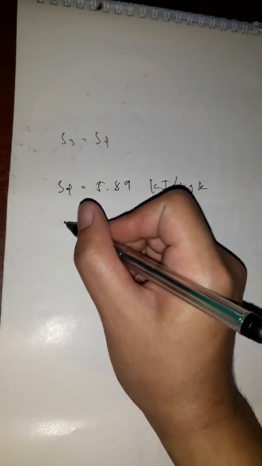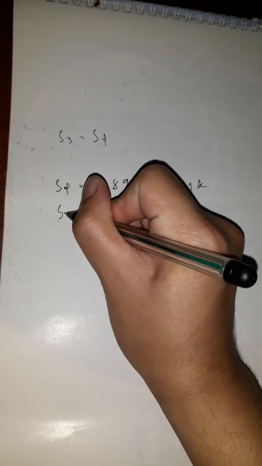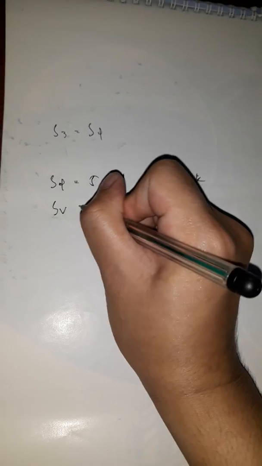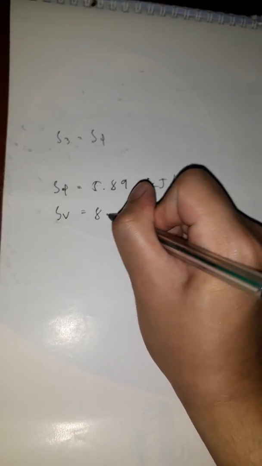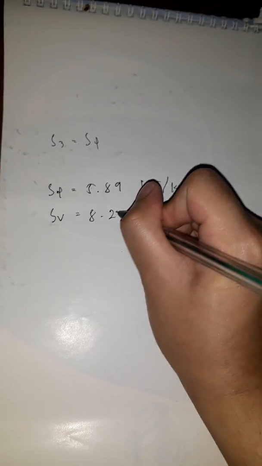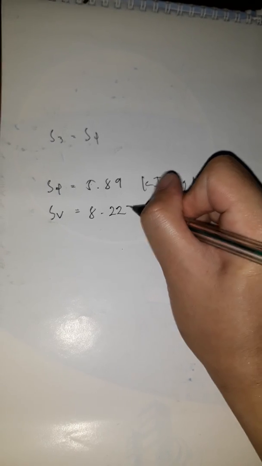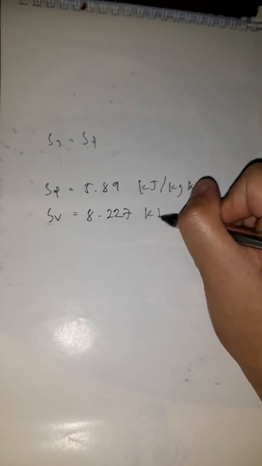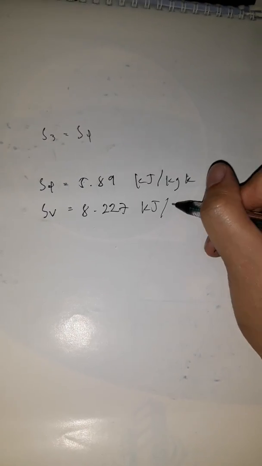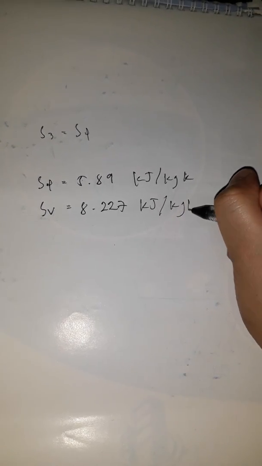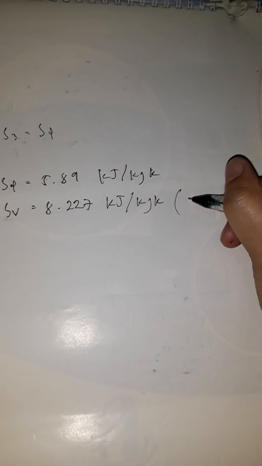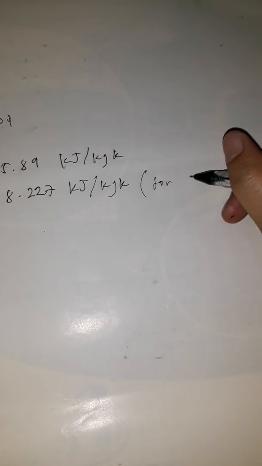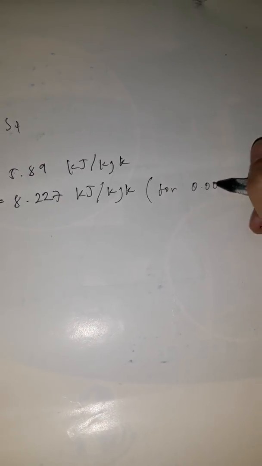We'll find the entropy of dry steam from the steam table, which is 8.227 kilojoule per kilogram Kelvin for 0.008 MPa.